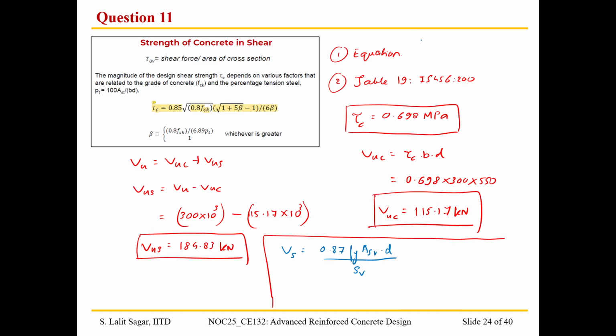So ASV is pi by 4 of 10 square multiplied by 2, which gives a value of 100.53 mm square. And as per the IS code provision, Fy should not be greater than 415 MPa.